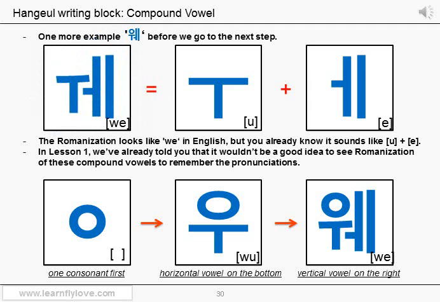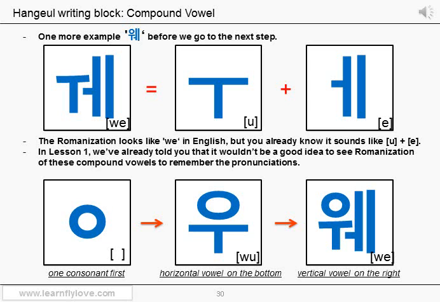Let's take a look at one more fancy letter with a compound vowel. It's we vowel. U, e, ue, we. The romanization looks like we in English, but you already know it sounds like u plus e. In lesson 1, we already told you that it would not be a good idea to use romanization of these compound vowels to remember the pronunciations. Let's put u consonant, which is the empty sound consonant.